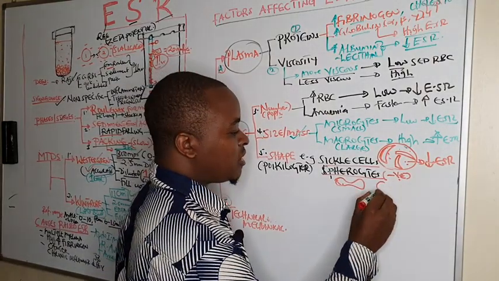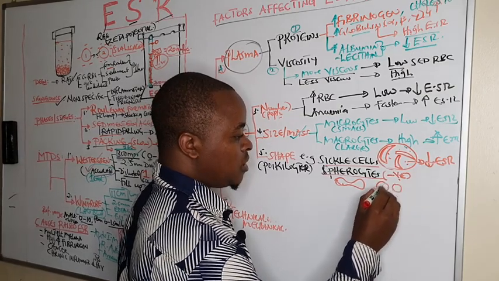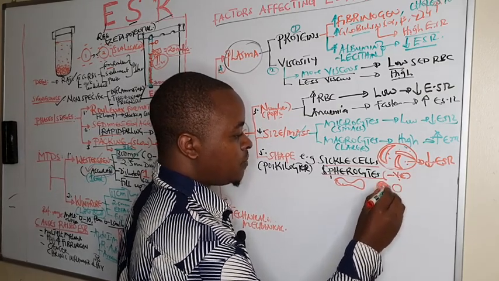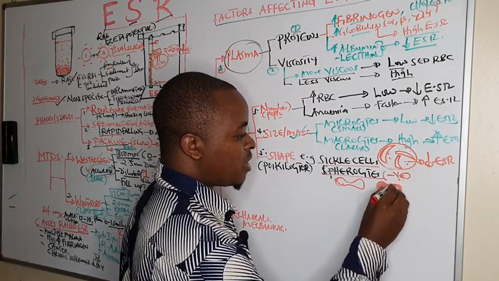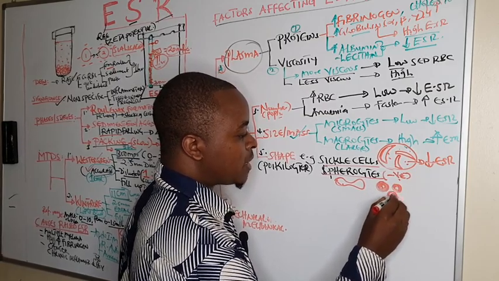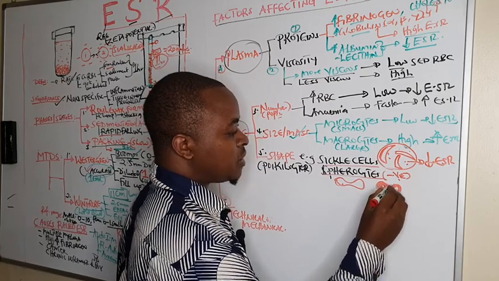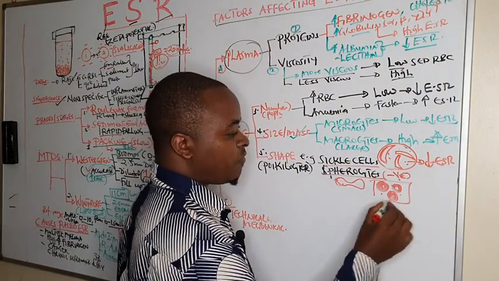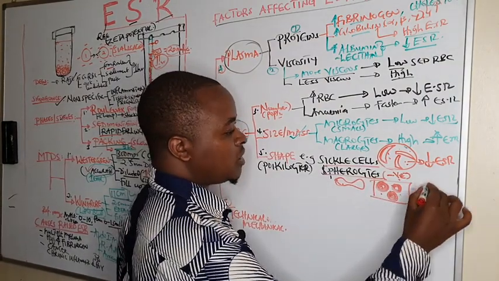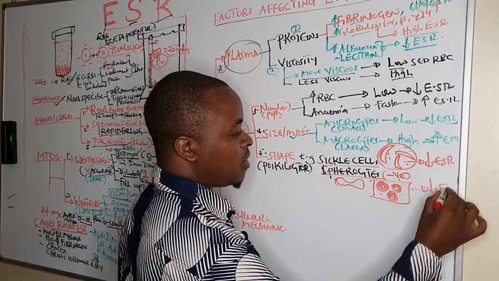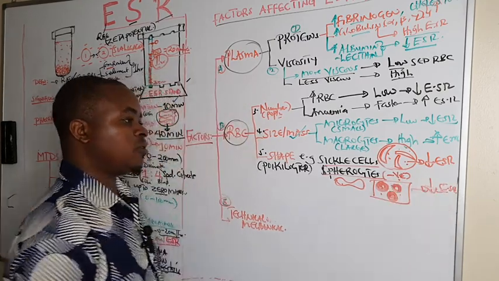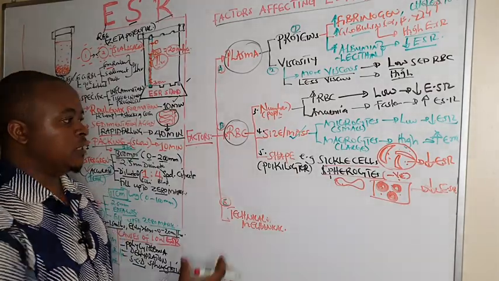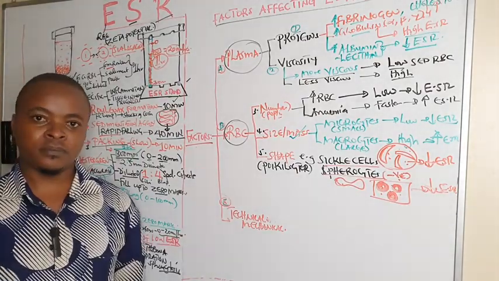But these spherocytes remain round with no area of central pallor. So when they are packing, big spaces remain in between, and they cannot form rouleaux very easily, hence still leading to false low ESR results. That is what we can discuss about the shape.